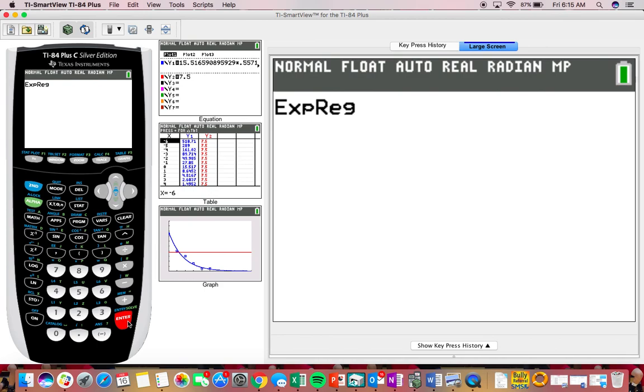If this is for regression, then after this shows up, you have to type in list 1, comma, list 2. So if you've been having some issues with getting your exponential regression to work out, list 1, comma, list 2. Now, if you want to store your equation somewhere, you need to put a comma and then say where you want it to be stored.